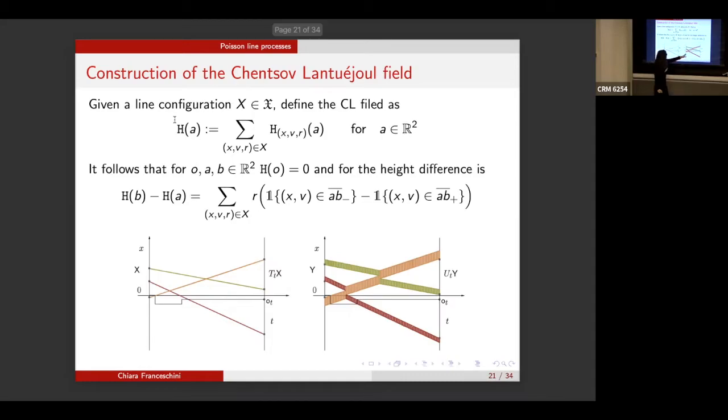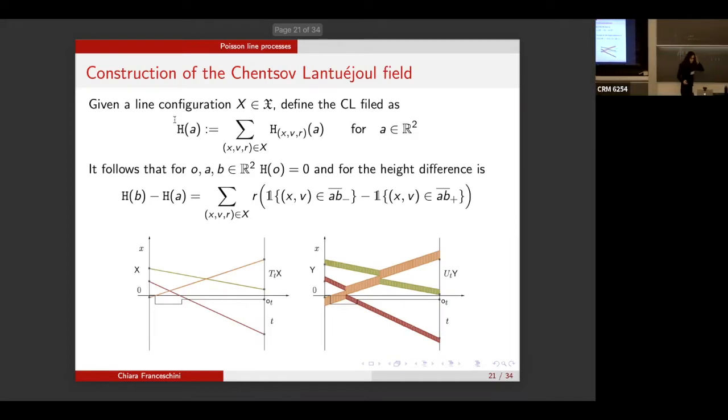So this step is at level 0. Then you go below by minus orange R, you go above, and so on. And this is the highest one, which is height red R plus green R. So in a 3-dimensional picture, these are stairs, which is exactly the Chance of Lantejoule field.